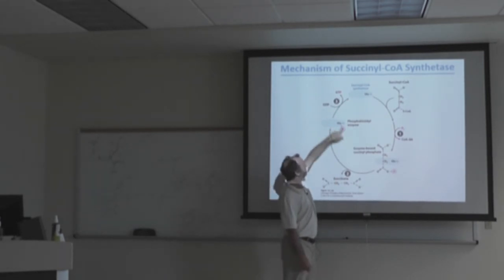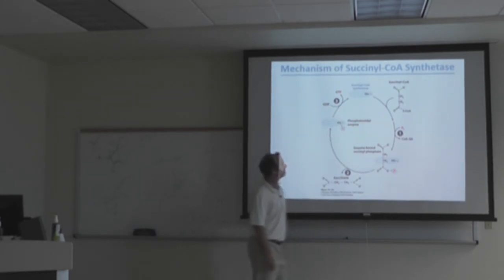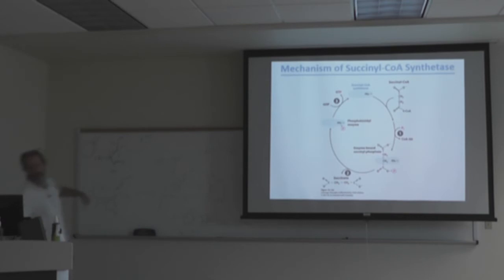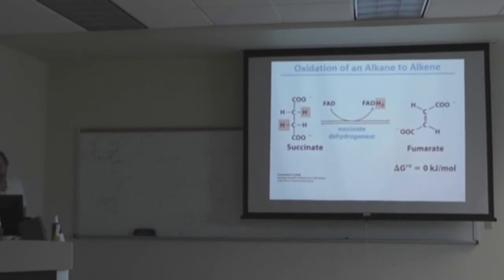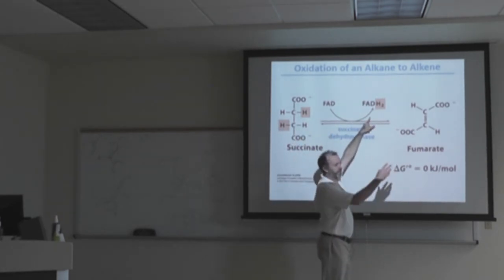Phosphohistidine then transfers the phosphate to the GDP to make GTP, and you get GTP released and regeneration of that enzyme.